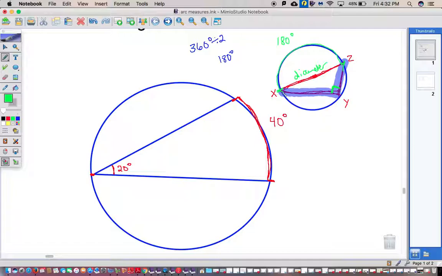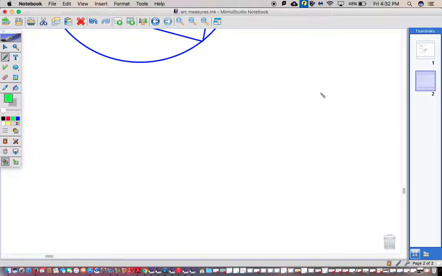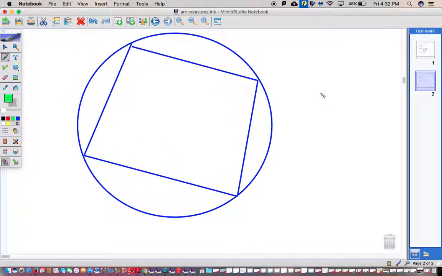So 180 divided by 2 is 90. So that's why this is a right angle.